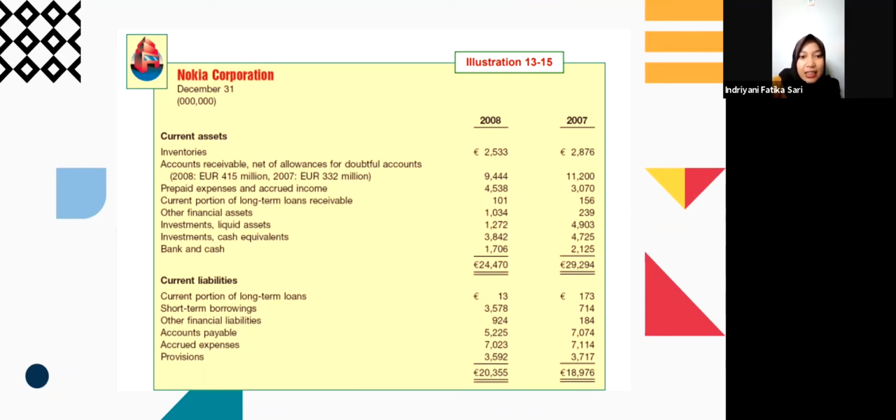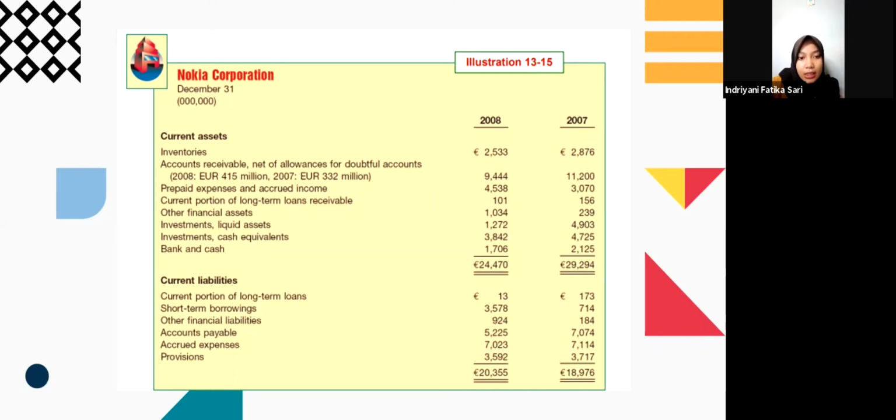In the current assets: inventories, accounts receivable net of allowance for doubtful accounts, prepaid expenses and accrued income, current portion of long-term loans receivable, other financial assets, investments, liquid assets, investments in cash equivalents, bank and cash.